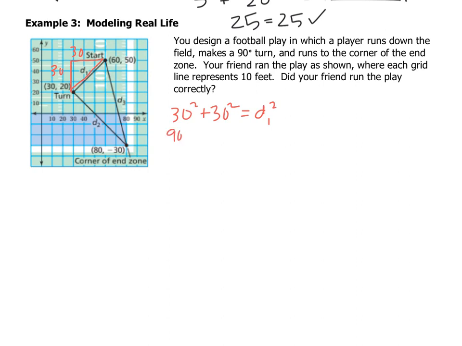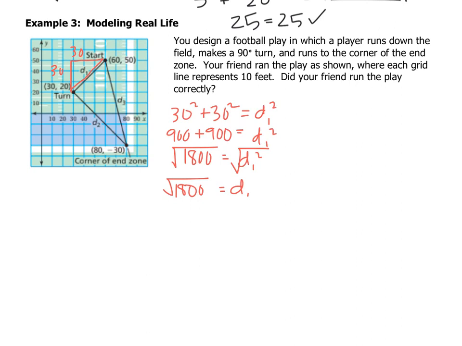So that's 900 plus 900, 1800 equals D1 squared. I take the square root, and just like the last one, I'm going to leave it as the square root of 1800 because that worked out really well. Since 1800 is not a perfect square, let's just leave it.